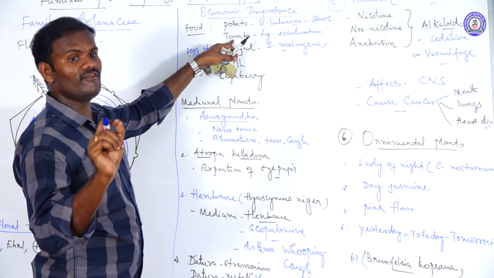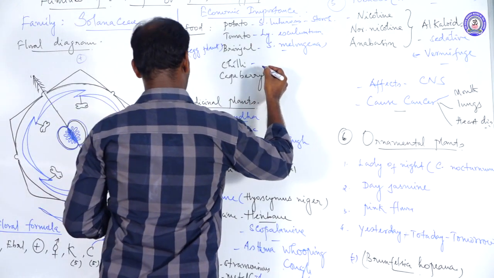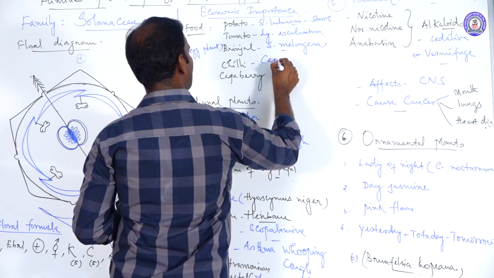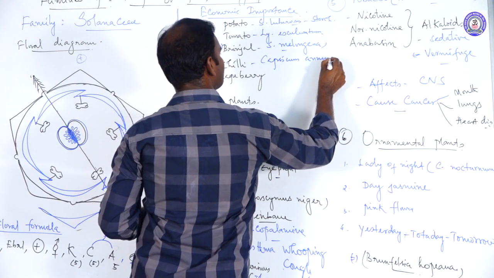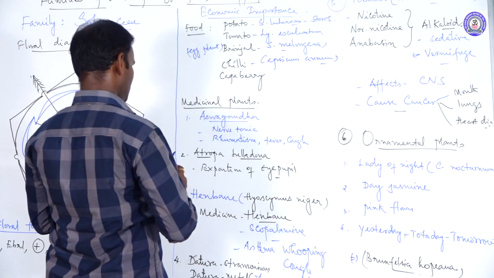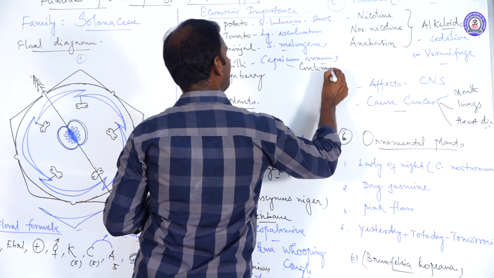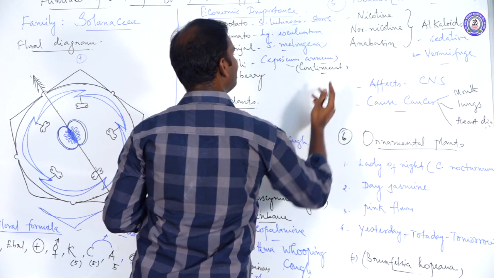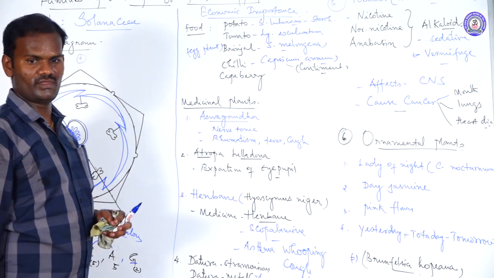Tomato actually is a ripe fruit used as a delicious vegetable. Chili, Capsicum annuum, is used as a condiment. Condiment, in the sense it is an ingredient added to food for spice and also very tasty.